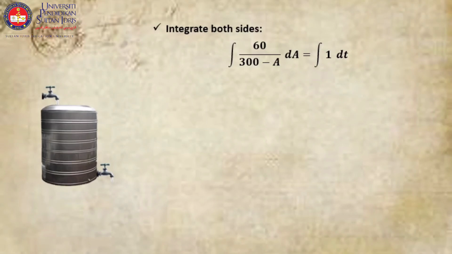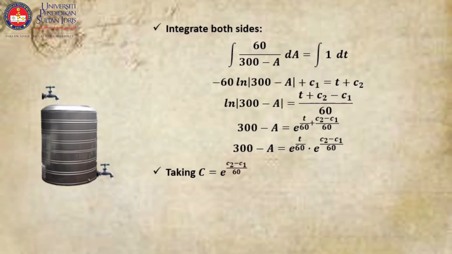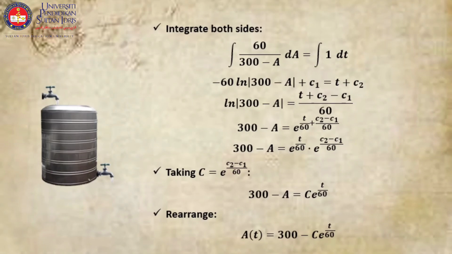So we get 300 minus A equals exponential of t over 60 times exponential c2 minus c1 over 60. We take c equals exponential c2 minus c1 over 60. So the equation is 300 minus A equals c times exponential t over 60. Rearranging, A(t) equals 300 minus c times exponential t over 60.